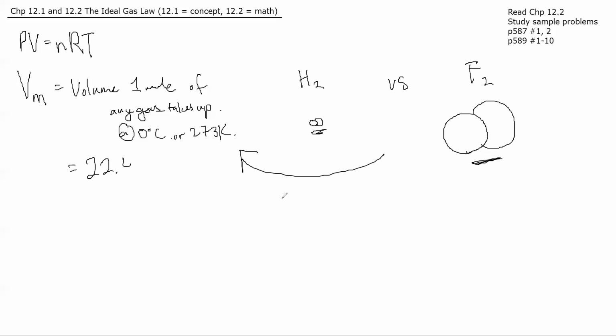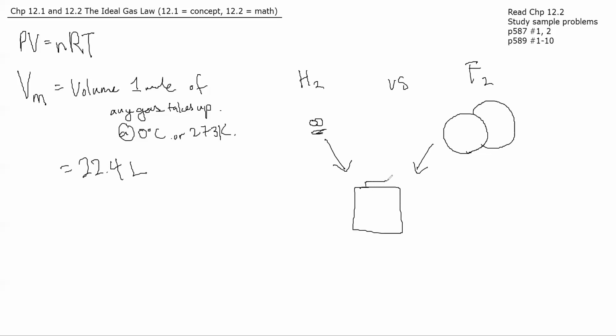But what we forget is that we're talking about molecules here. We're talking about microscopic things. In fact, something even smaller than microscopic. If I took a hydrogen molecule and a fluorine molecule, and let's say I put exactly 1 hydrogen molecule and exactly 1 fluorine molecule inside a jar, the amount of space that hydrogen would take up would be that, and fluorine would be that.